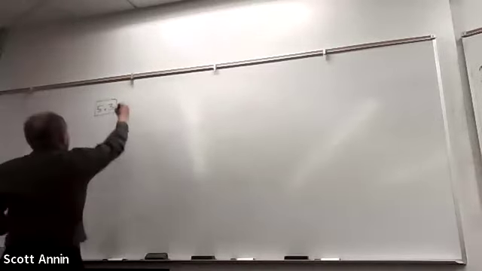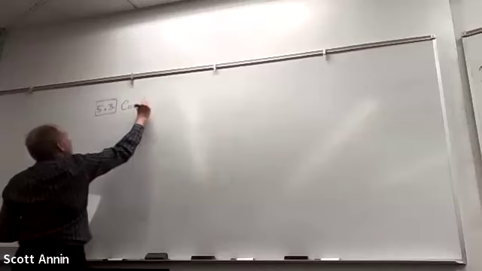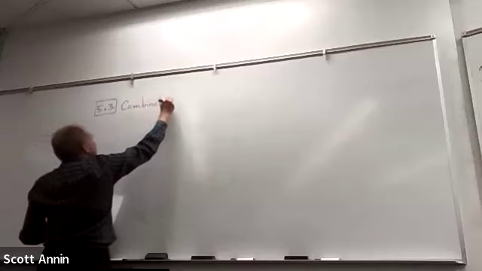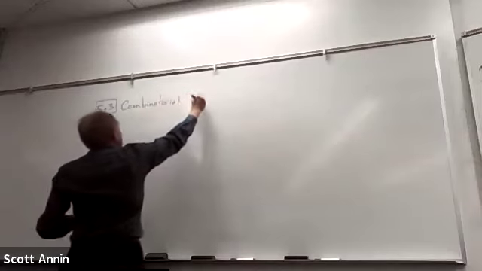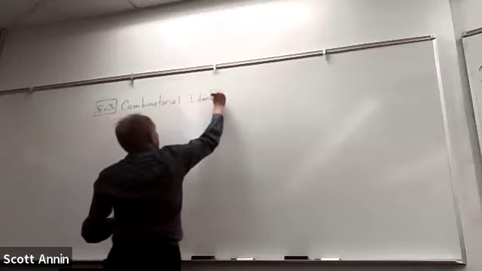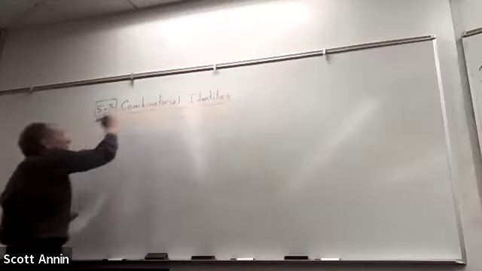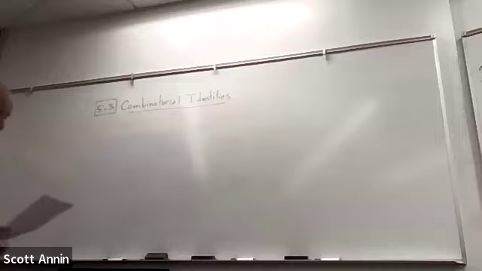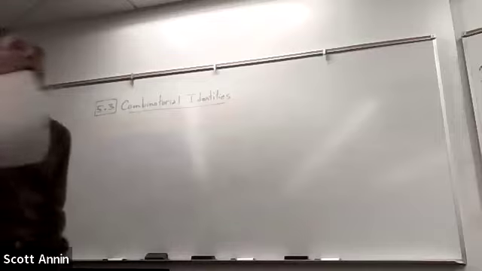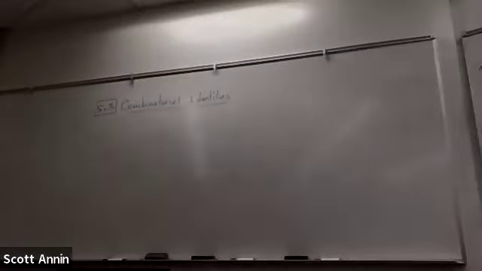That was just a quick little chat about the binomial theorem. I'd like to go on to the next section and talk a little bit about combinatorial identities. This is still chapter 5. It's kind of in the same spirit of what we've been talking about for the last day or so. These are just formulas that involve the binomial coefficients.